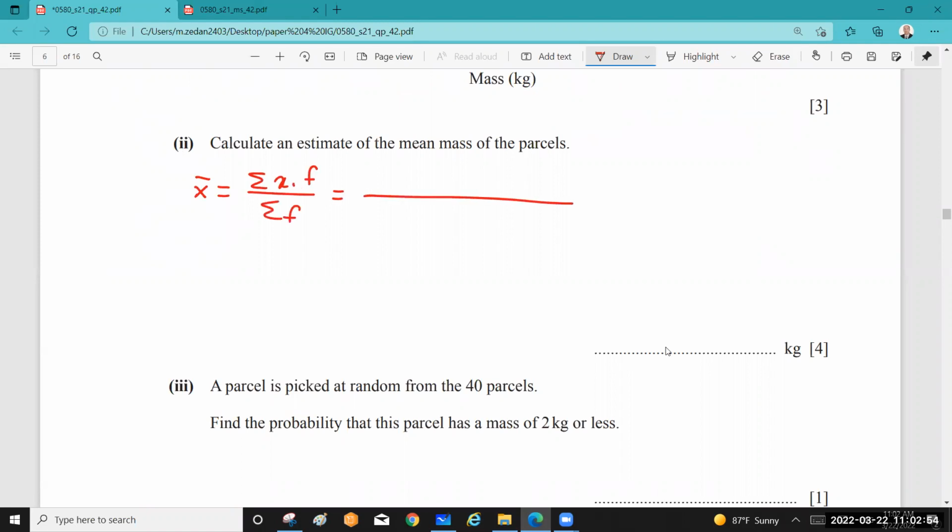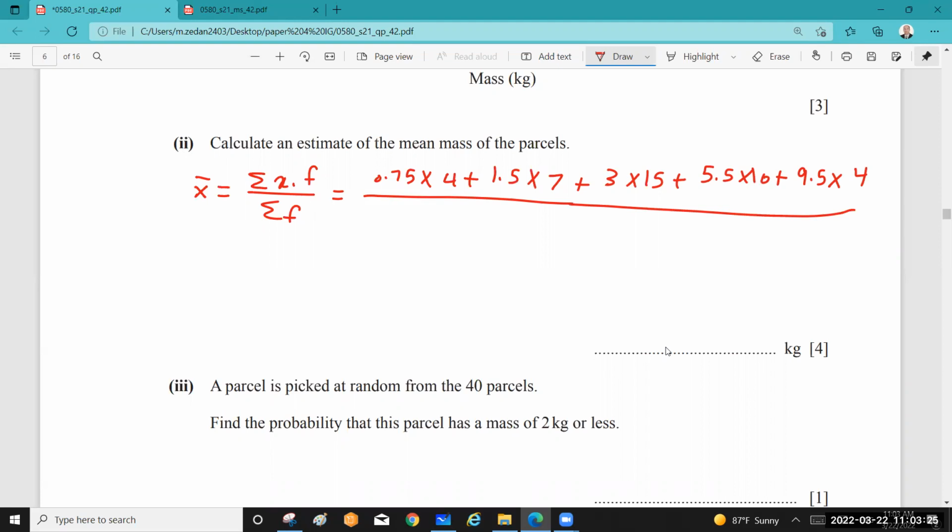The x is the midpoint of each class, so you will multiply 0.75 times 4, plus 1.5, the midpoint of the second class, times 7, plus 3 times 15, plus 5.5, the midpoint of the fourth one, times 10, plus 9.5, the midpoint of the last group of data, times its frequency 4, and then divide all this by the total frequency, which is 40. I got 3.7875 as the estimate of the mean.